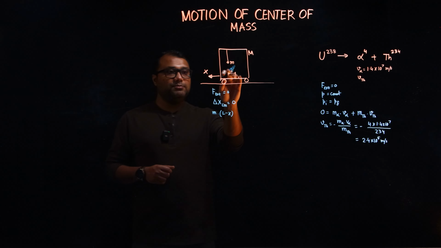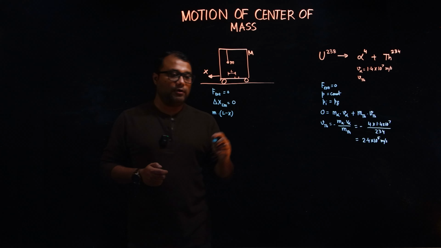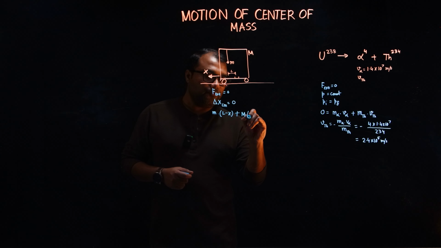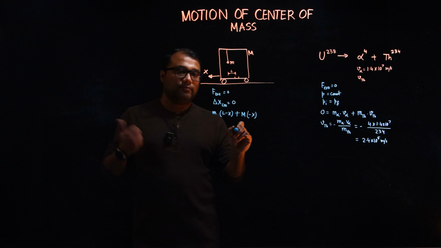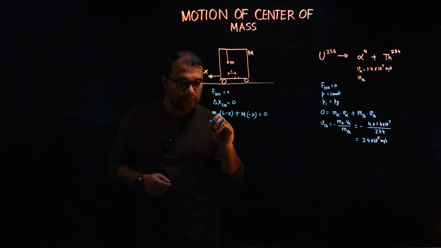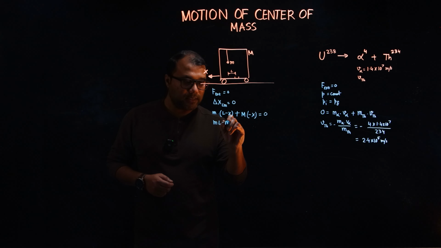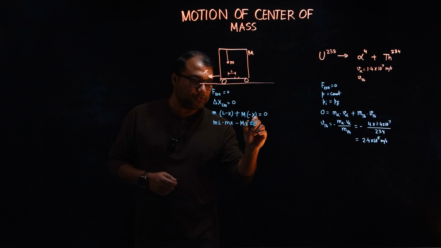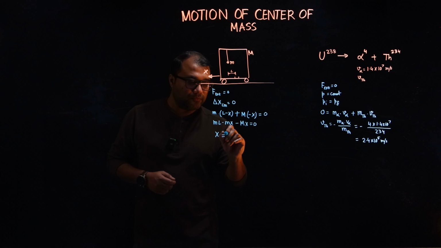This is the displacement of m with respect to ground, plus the capital M, the mass of the cart, moved minus x to the left. This should be equal to 0. So mL minus mx minus capital Mx should be equal to 0. So x should be small m L divided by M plus m.